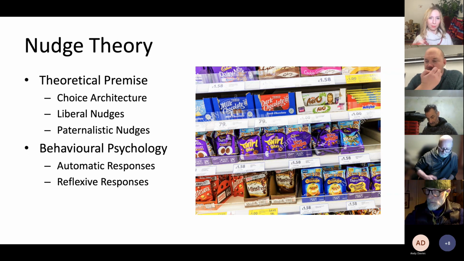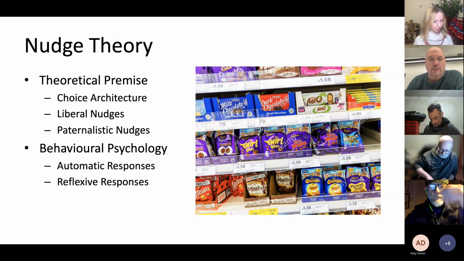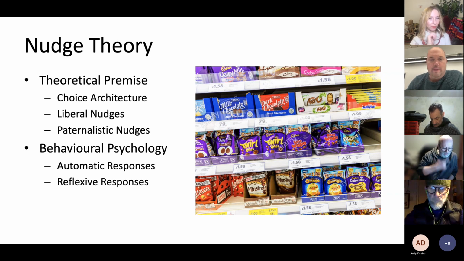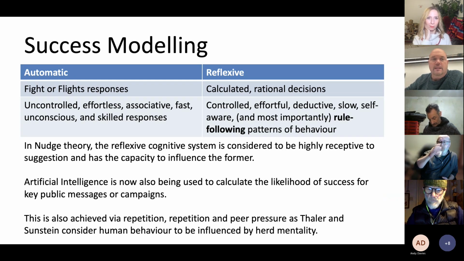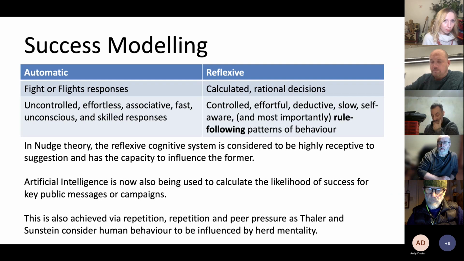And this really relates back to behavioural psychology in terms of how automatic responses and reflexive responses both work. So in terms of what we call success modelling of nudges and behavioural science, we're talking about automatic and reflexive human instincts here. Automatic governs our fight or flight responses, whereas the reflective instincts are based on calculated rational decisions.